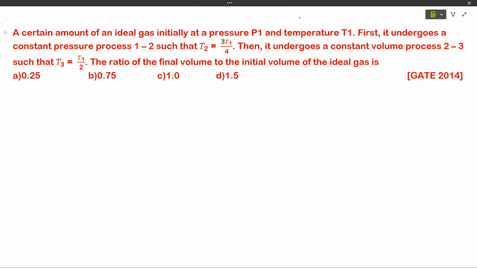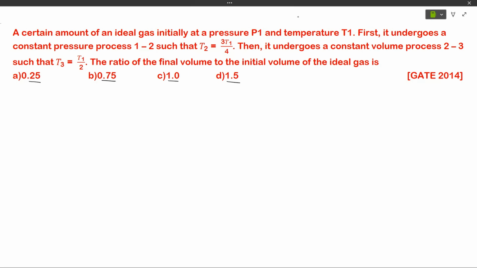The ratio of the final volume to the initial volume of the ideal gas is, so the options are 0.25, 0.75, 1.0 and 1.5. So before we solve the given numerical, let's briefly understand the problem statement.